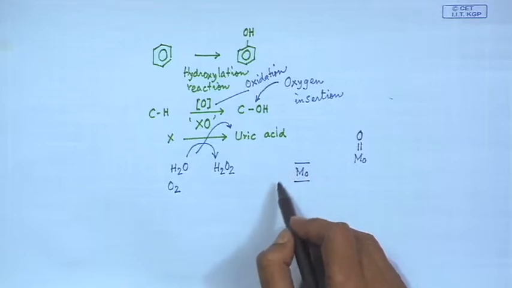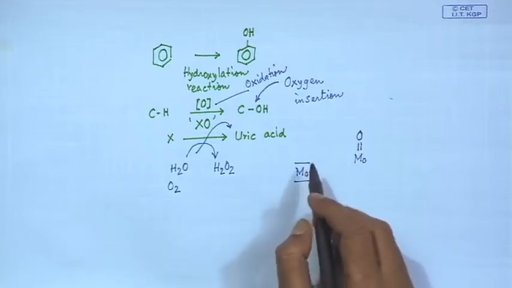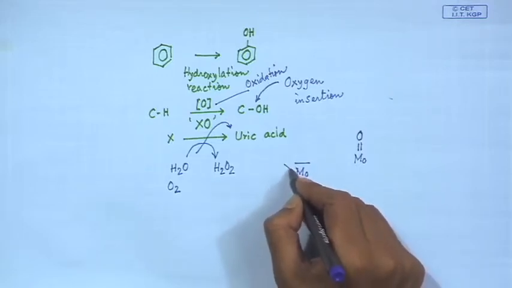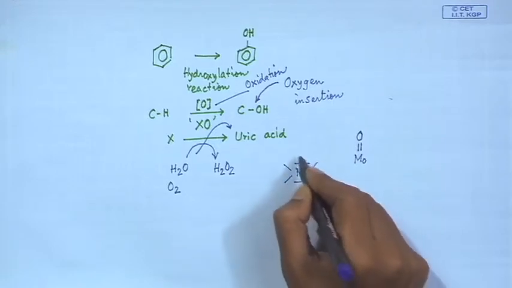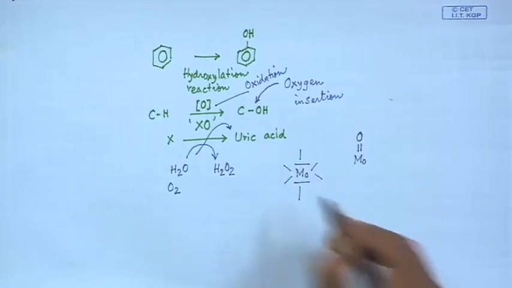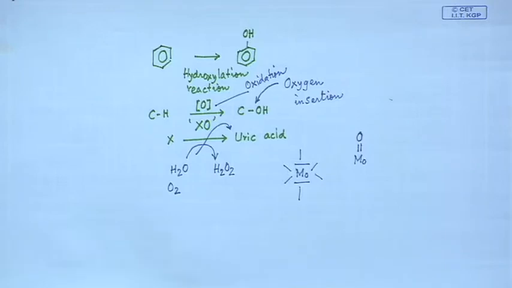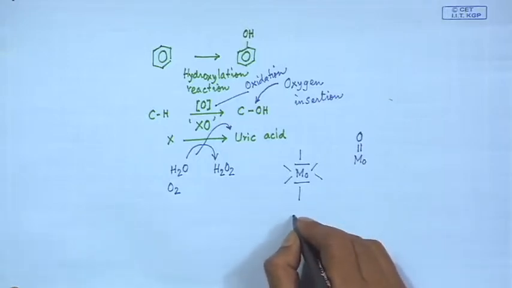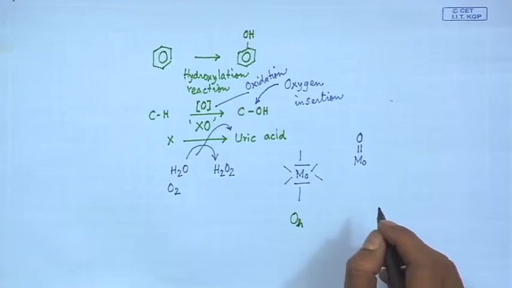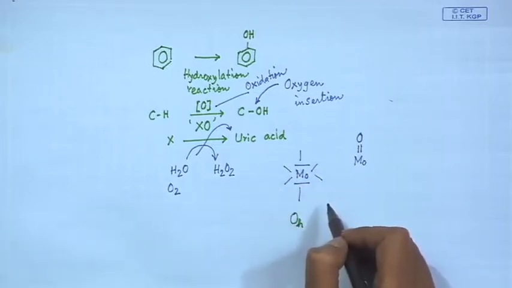So, if we have a non-oxo molybdenum center, in the simplest possible arrangement, because the molybdenum center, whether in the +4, +5 or +6 oxidation state, can give a hexacoordinate arrangement which is octahedral in nature.